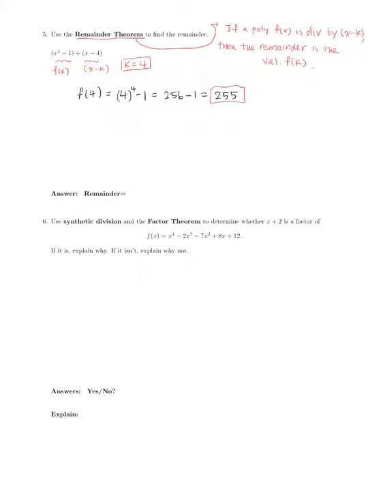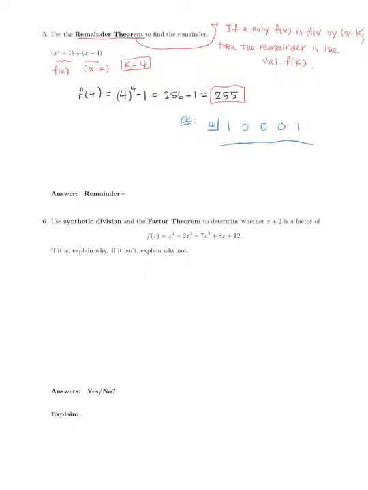You can also check, by the way, so let's just check for fun by using synthetic division. You're going to have a 4 here, and then what? Coefficient on the x to the 4th is 1. Coefficient on the x to the 3rd is 0. Coefficient on the x squared is 0. Coefficient on the x has to be 0, and the constant term is 1. All right?